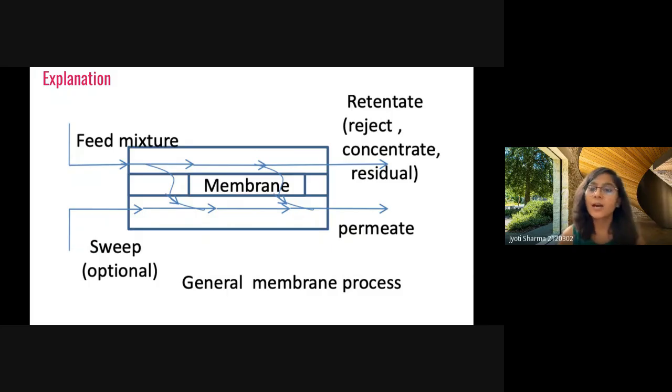Feed mixture is your wastewater that has a lot of solute. Then we have membrane, and we can also have sweep. So I have one MCQ question on this sweep as well. Then what we will get is the permeate, and what will be rejected will be known as the retentate, right?